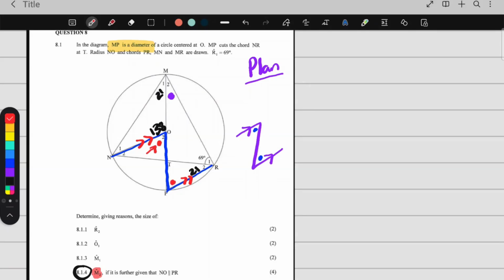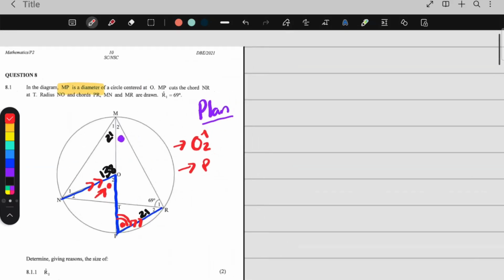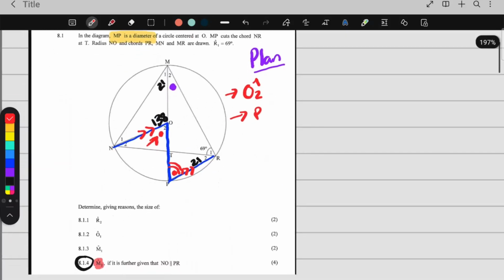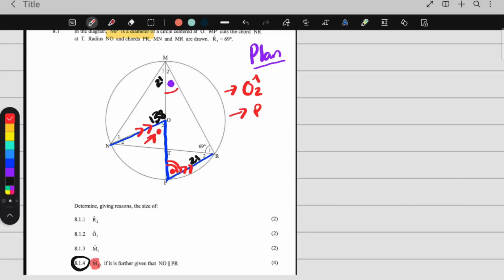Can't we work out that angle first? I'm going to work out angle O2 first, and I'm going to use angles on a straight line for that one. Then once I have O2 over there, I'm going to work out this angle here. I'm going to work out angle P, alternating angles. And then I'm going to work out the angle in the question, which is M2, using this triangle.